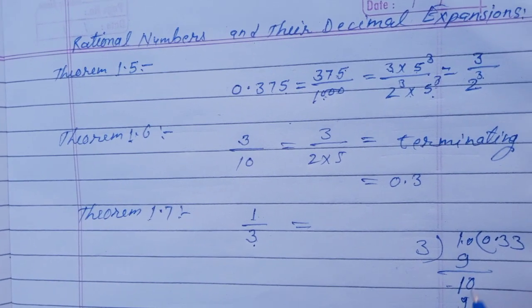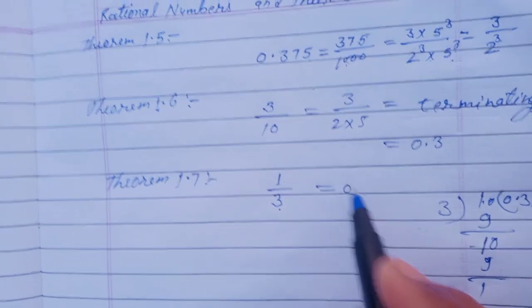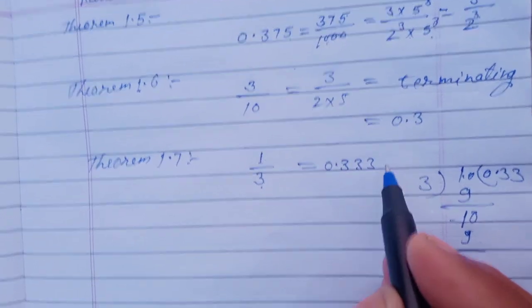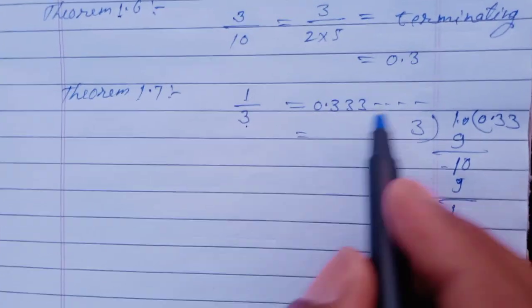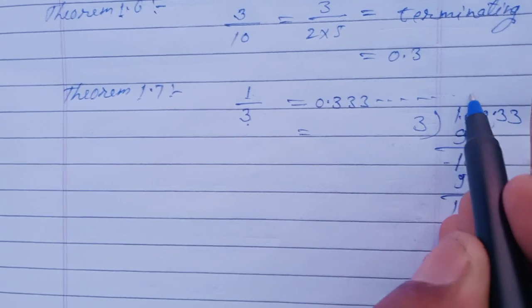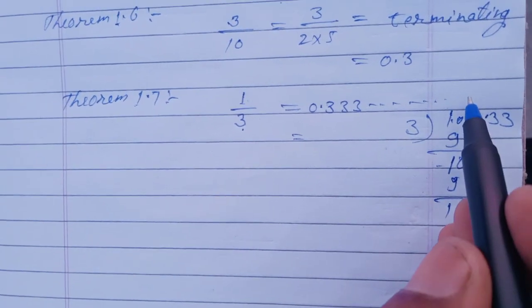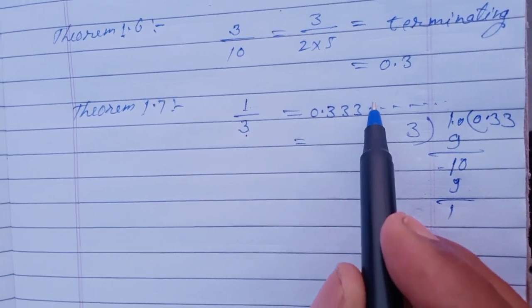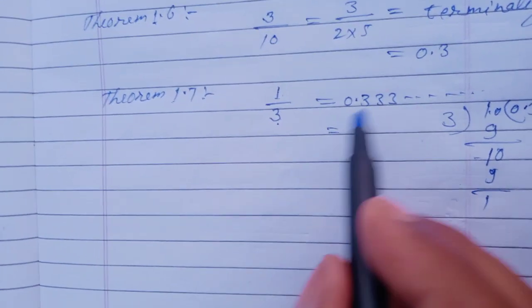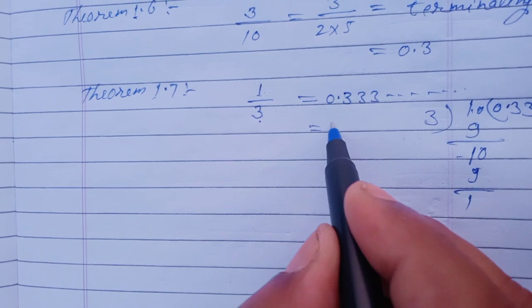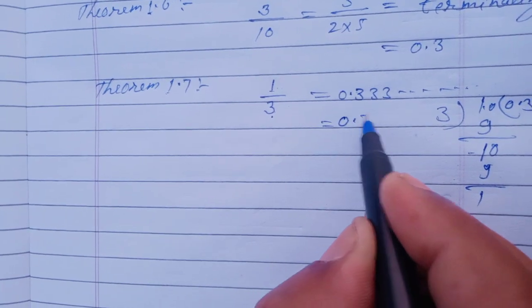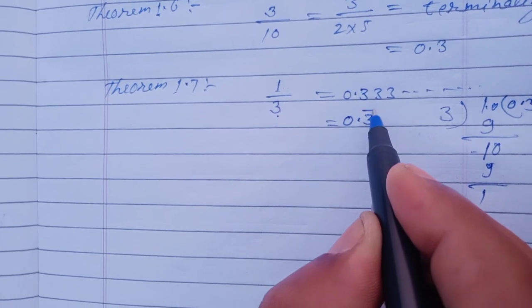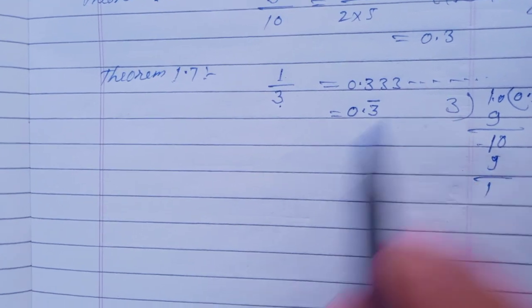So this will never end. 0.3333. In this question it never ends, it means non-terminating, and 3 comes again and again, 3 repeats. So this is non-terminating, repeating, and this can be written as 0.3 bar. Okay.